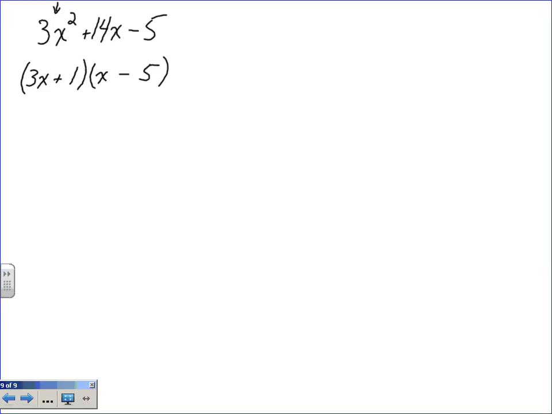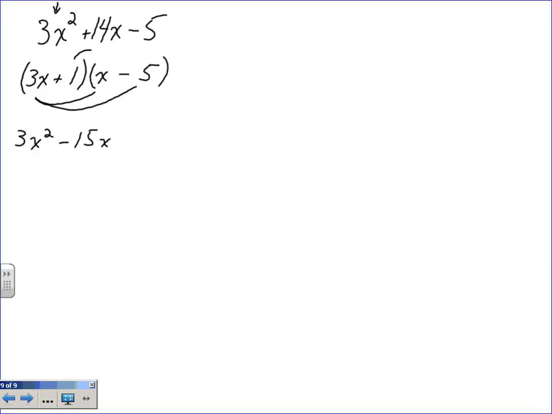Have we factored it the right way? You have to check. Let's check it. If you check all your problems, you're going to get them all correct. All right, let's use FOIL now. First terms together, 3x squared. The outside terms, 3x times negative 5, negative 15x.